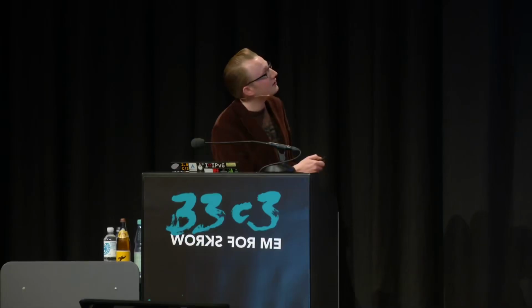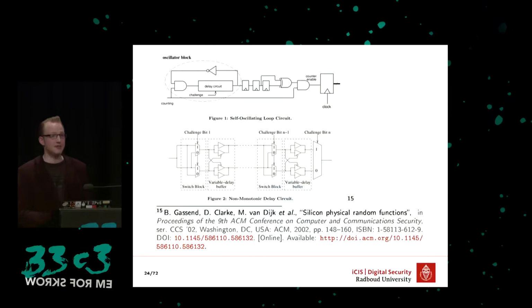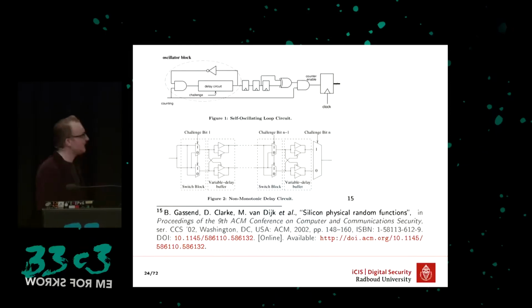So what do you do? You build this, and I don't think it's really visible, but basically this is the entire circuit. You have a delay circuit here. This is a ring oscillator PUF. This is a self-oscillating loop. Basically, this feeds back into this. And the challenge here is a bit for each of these blocks. And what the bit says, if it's 1, then you pass through.